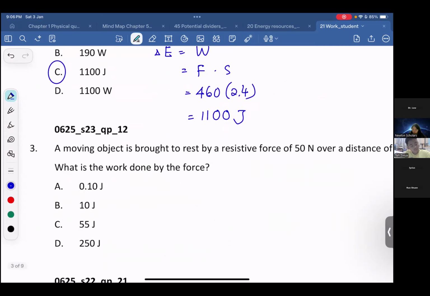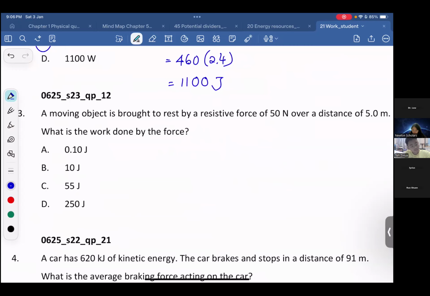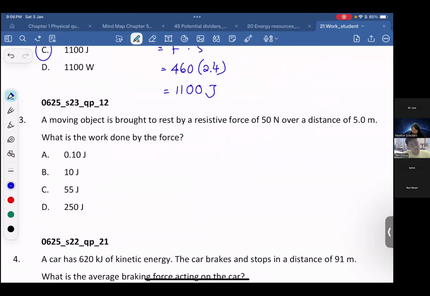Okay, so go to question number 3. A moving object is brought to rest by resistive force 50 Newton over a distance 5 meter. What is the work done by the force?